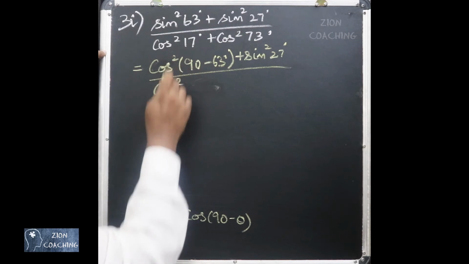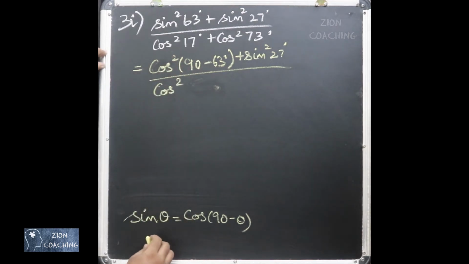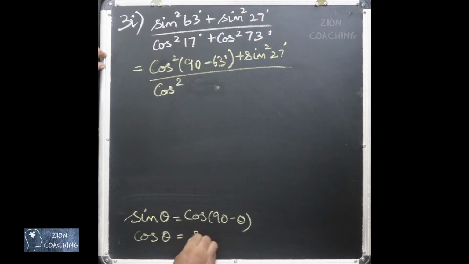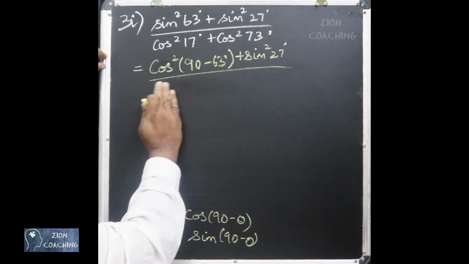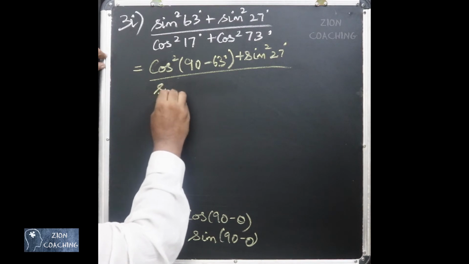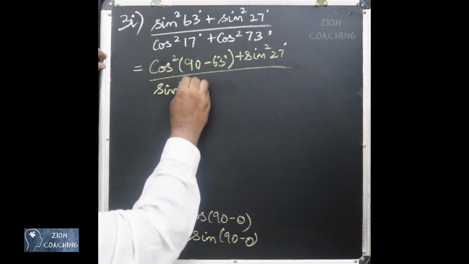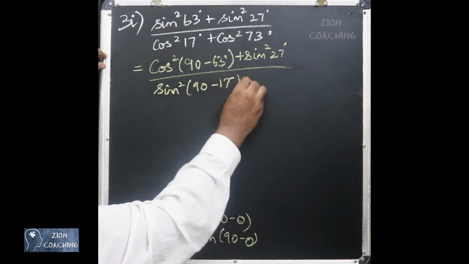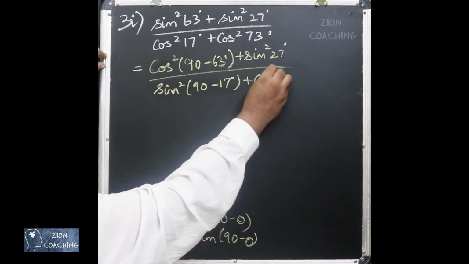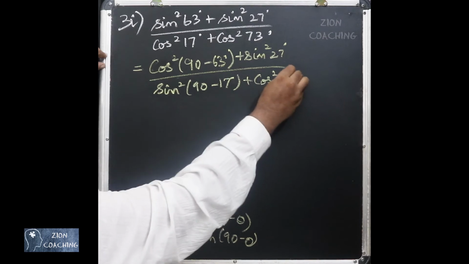First thing, this cos can be written in terms of sin. We have cos theta is equal to sin 90 minus theta. So this cos squared 17 degree can be written as sin squared 90 minus 17 degree plus cos squared 73 degree.